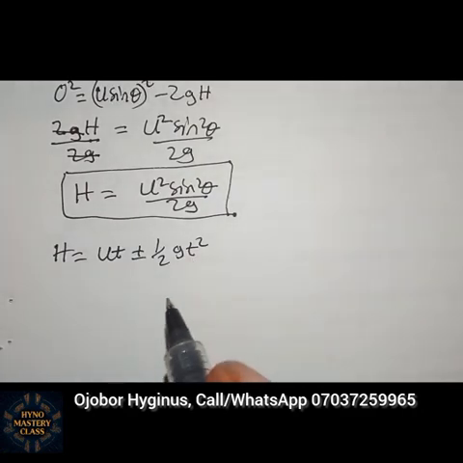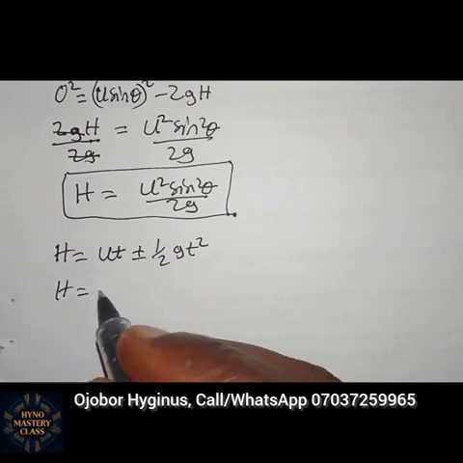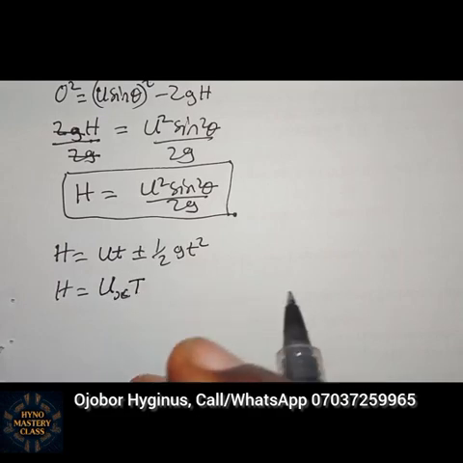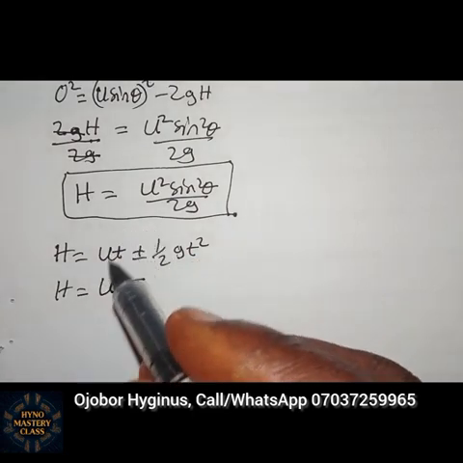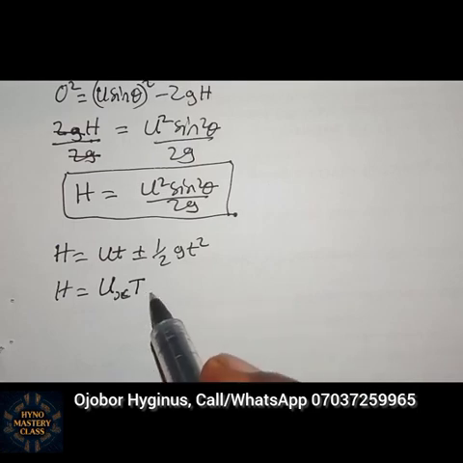We know that since it is the horizontal component we are considering, we are going to use the horizontal version. So the h is going to be what? U for horizontal, that is ux, and then t is going to be the time of flight because we are considering range. Range is the total, the up and down of the projectile, so it is the time of flight.